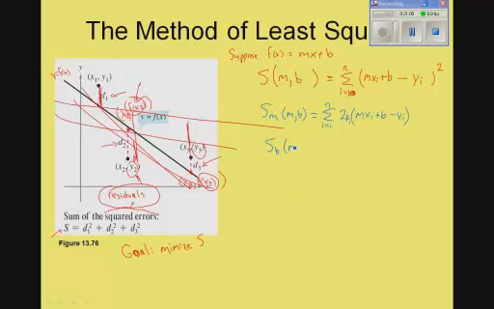How about Sb of m, b? Well, that's the sum, i equals 1 to n. And I get a 2 again, and I get mxi plus b minus yi. That's just times 1, because the derivative of b is 1.